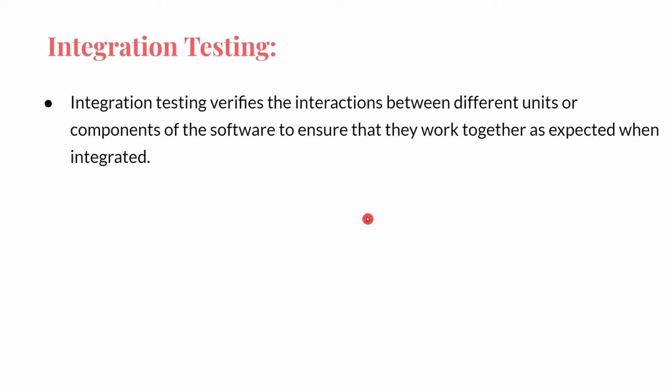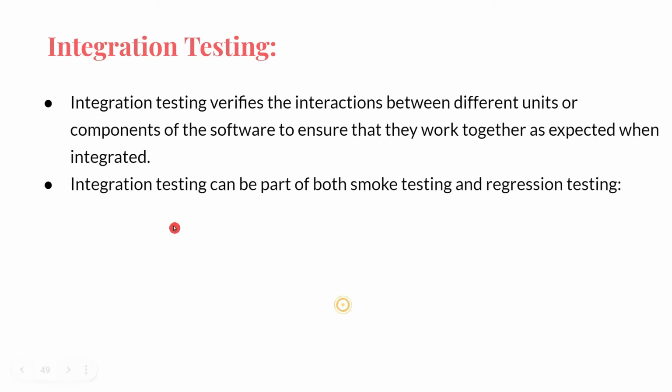If you are putting in 5 items, the payment section should be able to calculate the value of everything and show the options of payment. If there is no item, then the payment section should not appear. First, it should tell the user, hey, you have no items. First, you add some items, right? So integration testing is testing whether multiple units are working together or not. Integration means working together.